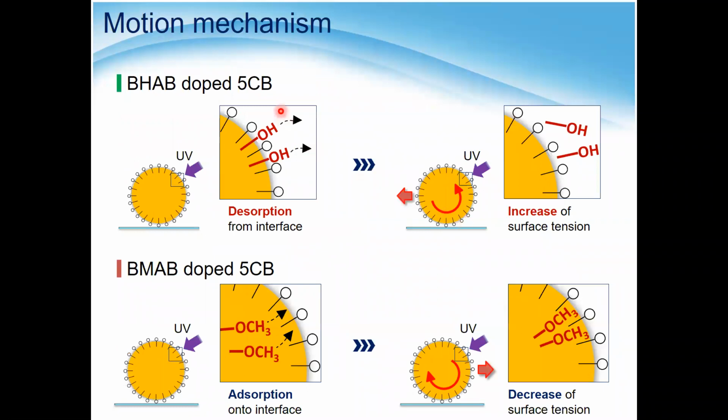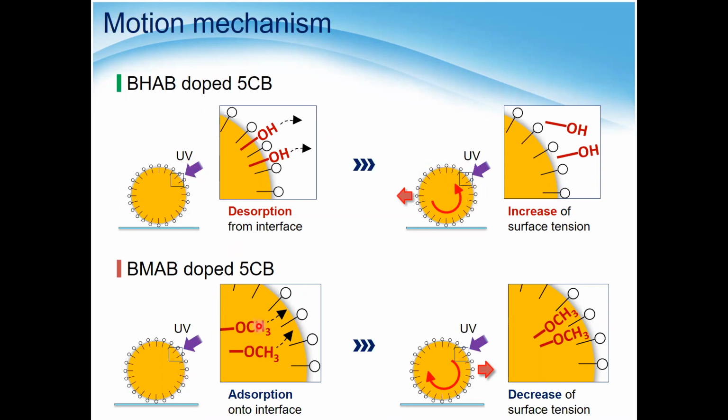So here's a motion mechanism we could propose. In the case of BHAB, when the light was illuminated, desorption happens, and this surface tension gradient induced a counterclockwise flow direction.